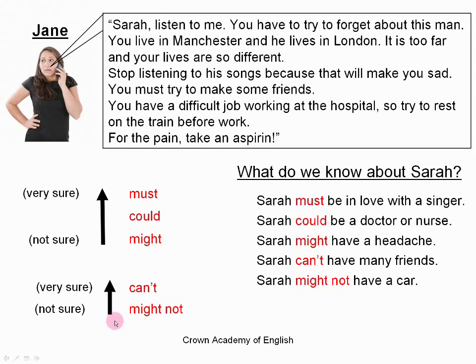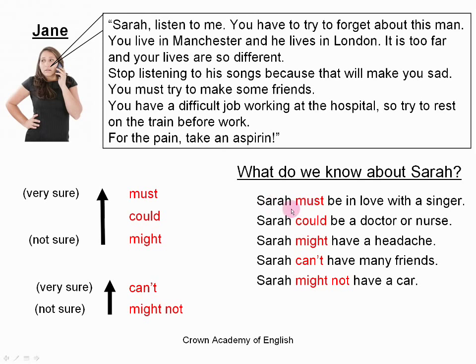So in the negative, this is the order of how sure we are. Okay, so that is why these are called the modal verbs of probability, because they express the degree of probability.